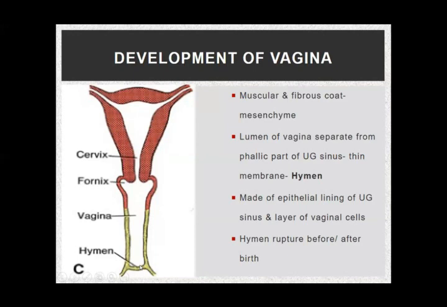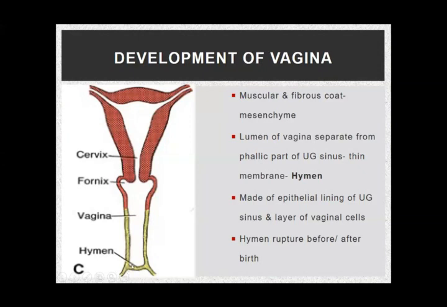This fold of mucous membrane is formed on one side, on the vaginal side, it is made of a layer of vaginal cells. On this side, the side of the urogenital sinus, it is lined by a layer of cells from the urogenital sinus.